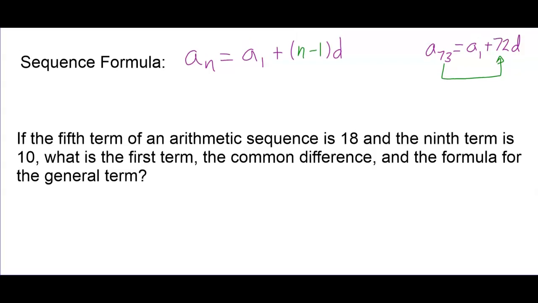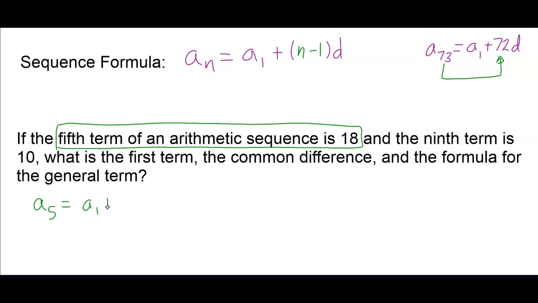And the intention here is that when you're working a problem like this, you turn it into a system of equations. Like, for example, this piece of information here. The fifth term is 18. What that means is, when you use this formula to figure out a5, and you go a1 plus 4d, the answer you're supposed to get is 18.